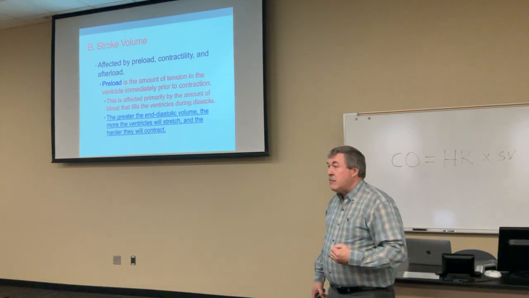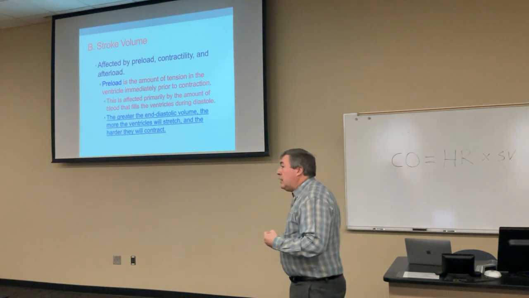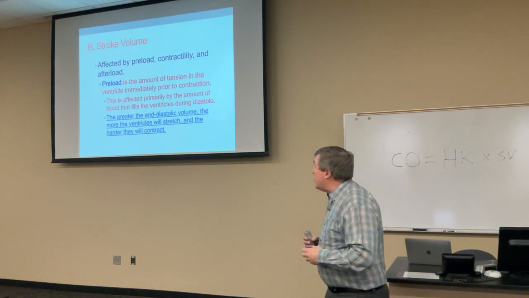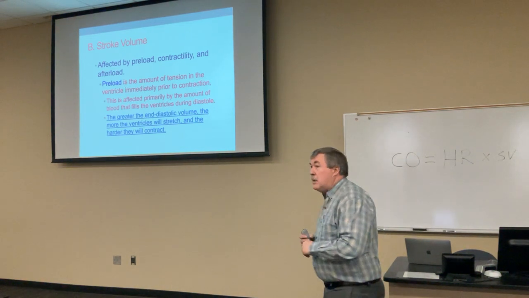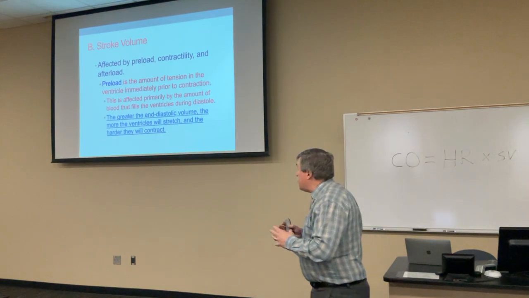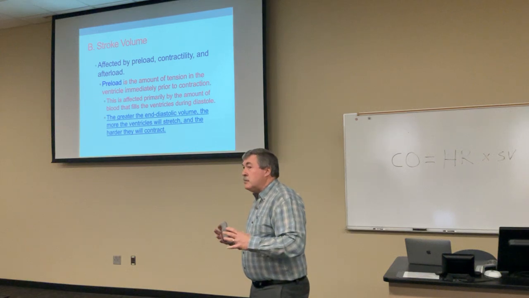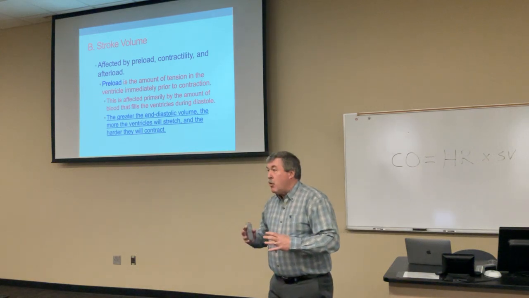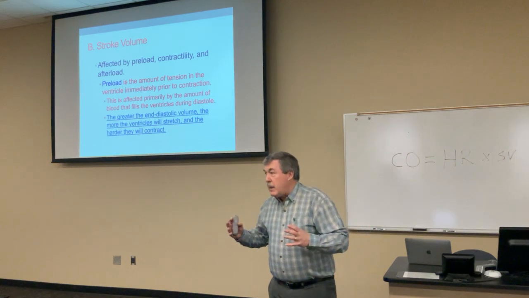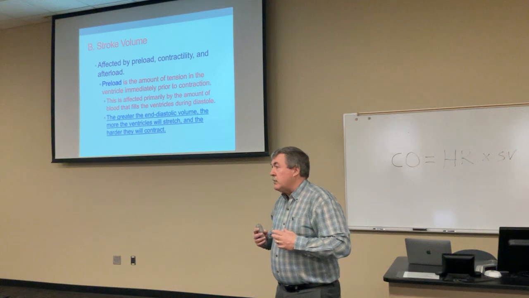Okay, so let's start first with preload. Preload is the amount of tension in the walls of the ventricles immediately prior to contraction. And that tension is produced primarily by the volume of blood that fills the ventricles. The more blood that fills the ventricles, the more the ventricles stretch, and the more tension is produced in the walls of the ventricle.